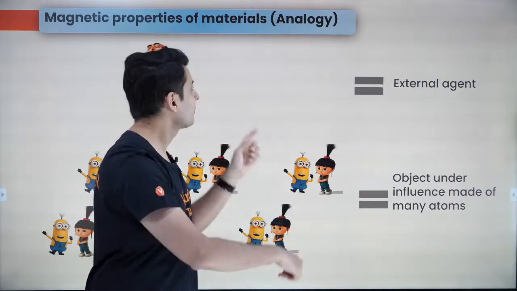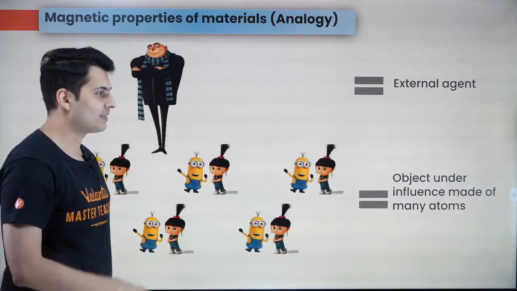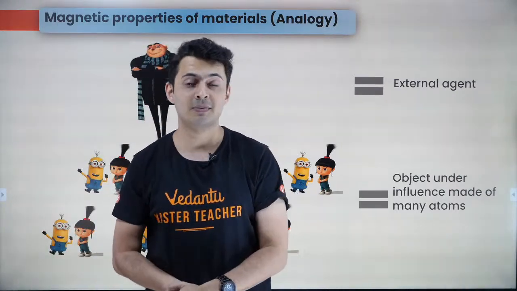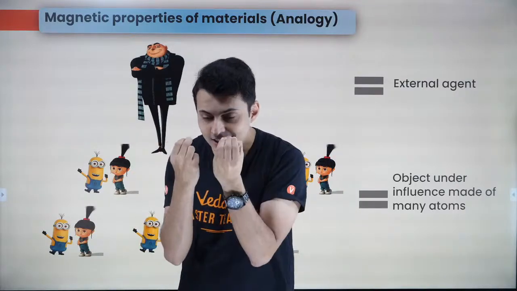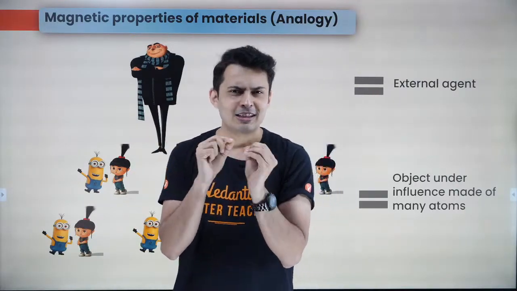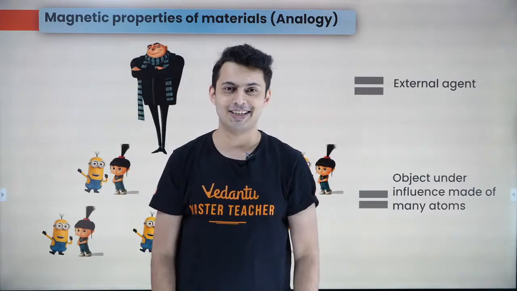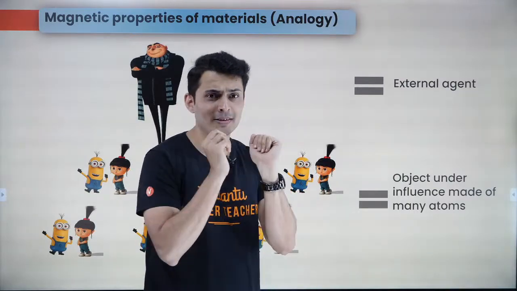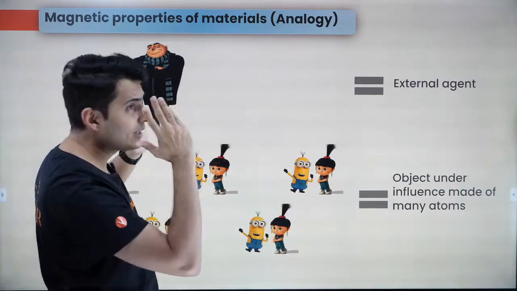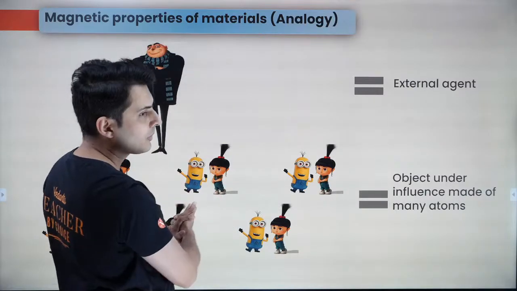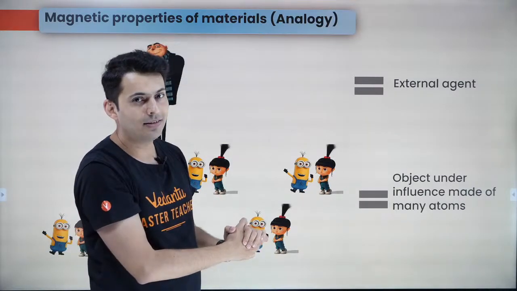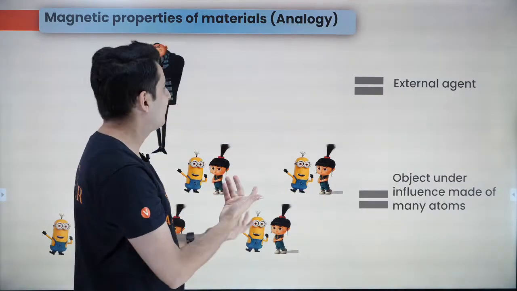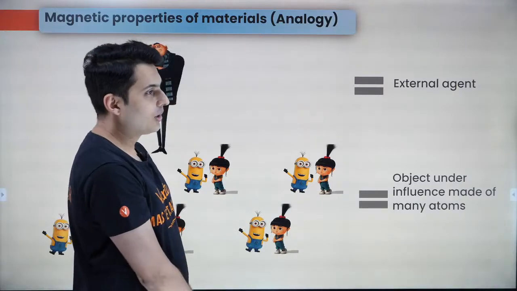Correct? Now, the teacher comes in, the external agent comes in. The moment the external agent comes in, what happens, guys? Each of them slightly changes their orientation. How? All those Pandus or Champas which were looking towards the teacher, they slightly look away. Probably they don't like him or they are scared, so they look away.